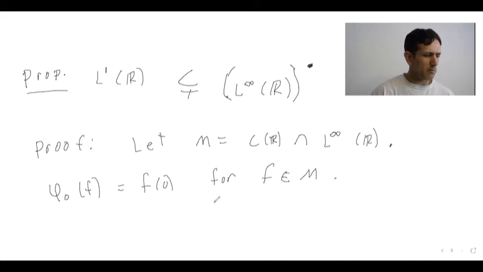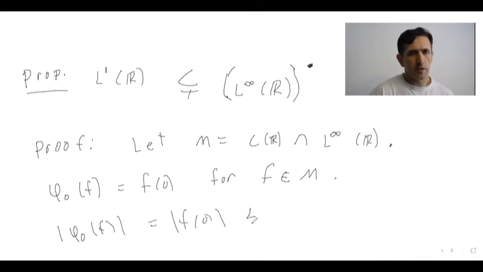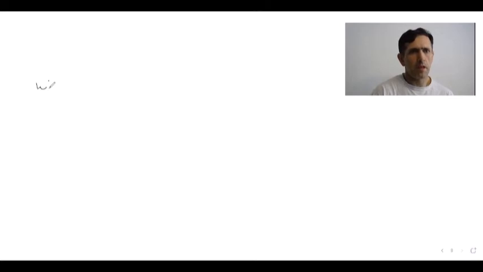Okay, so obviously phi 0 has norm 1, because this is less than or equal to the L infinity norm. Take something trivial: let's say f is identically 1.